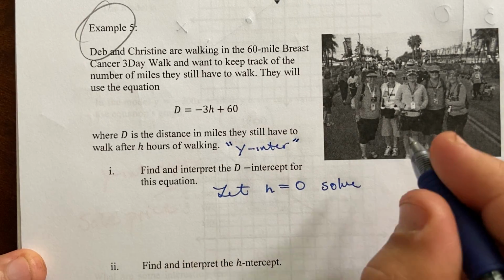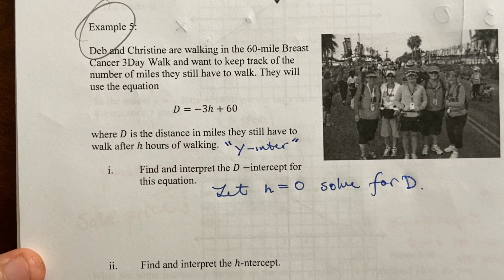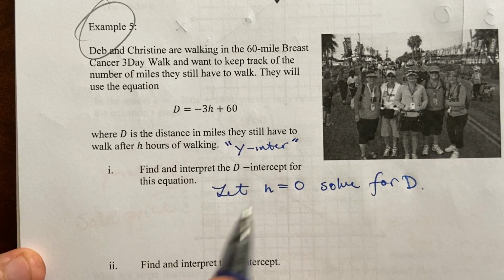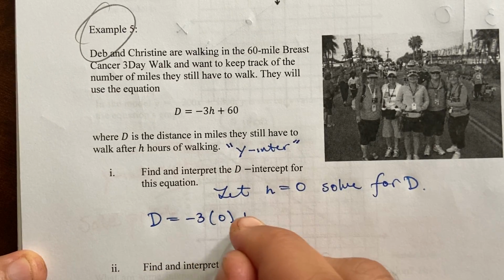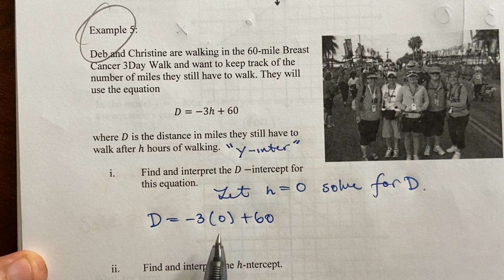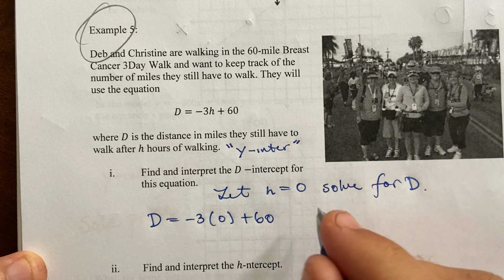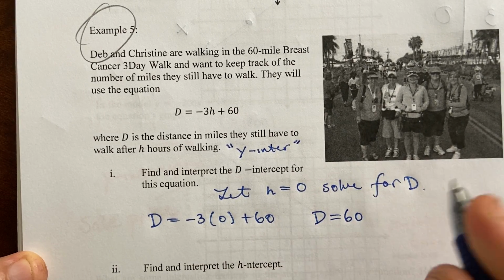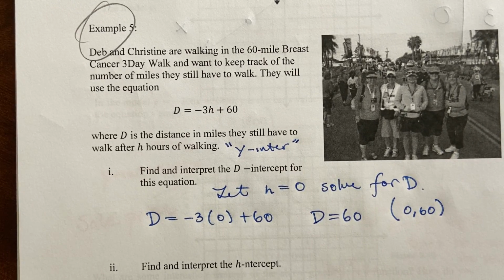We're not using x's and y's. So I'll plug H equals 0 in, so D equals negative 3 times 0 plus 60. 0 times anything is 0. So this is just D equals 60. So we have 0, 60 as our D-intercept.